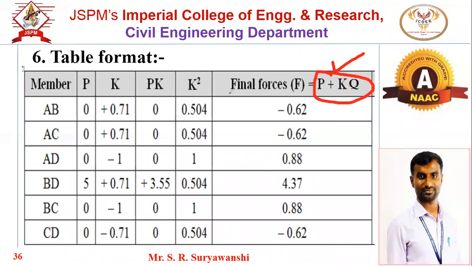Our ultimate aim is to get the final member forces of the members. We have the formula: P force of that member, K force of that member, and the Q. For Q, you should know the summation PKL by AE and the summation K square L by AE.